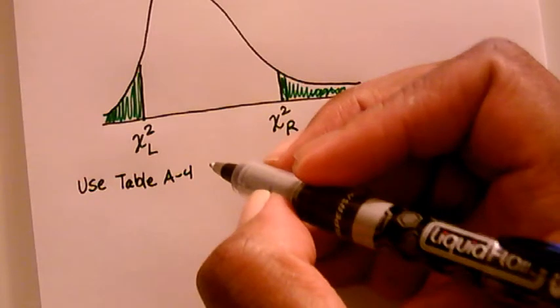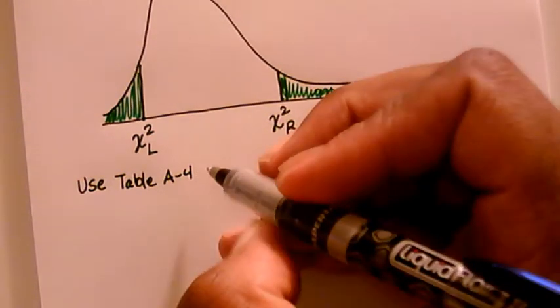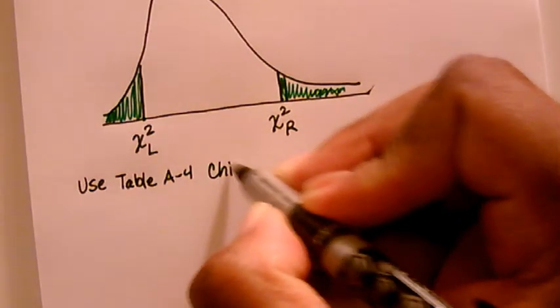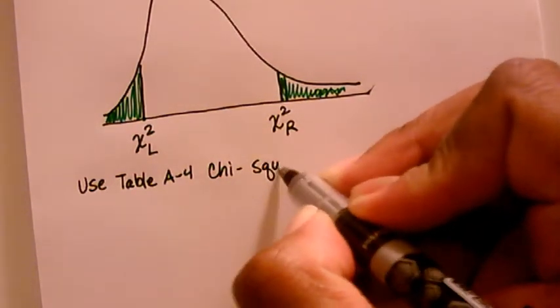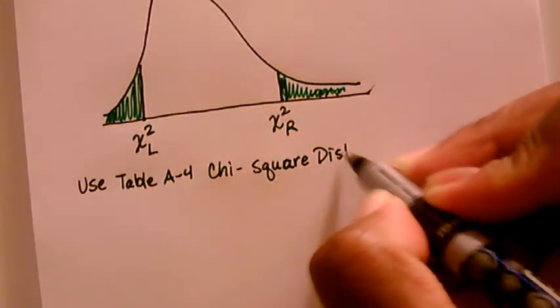And table A-4, for those of you who are not in my class and just watching this, is the chi-square distribution table.